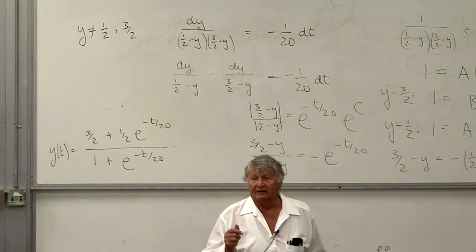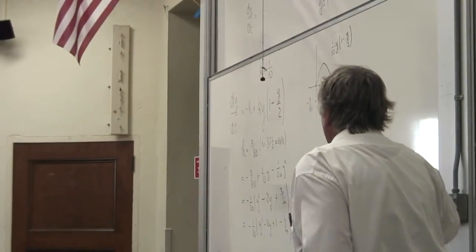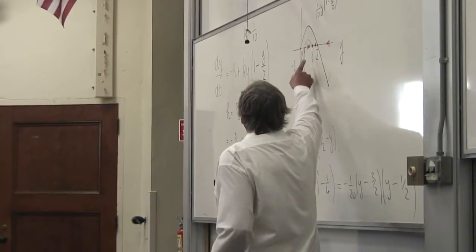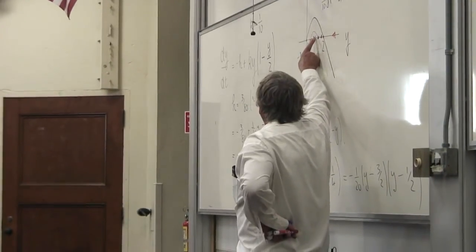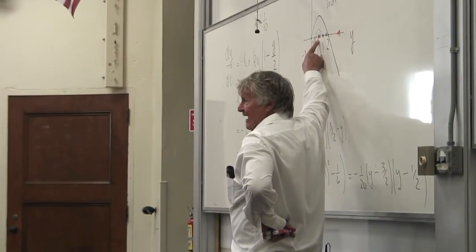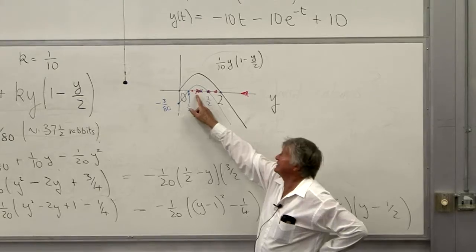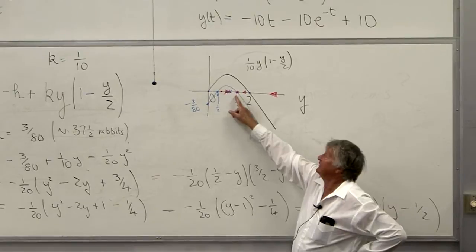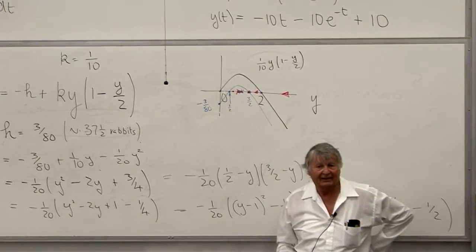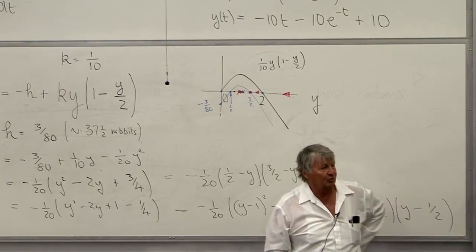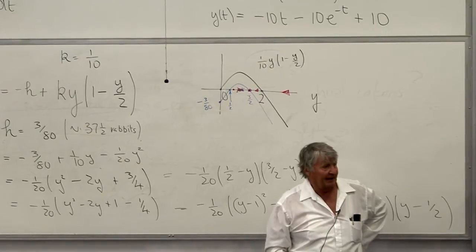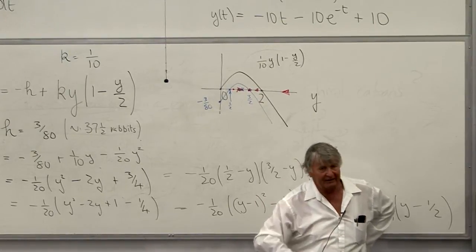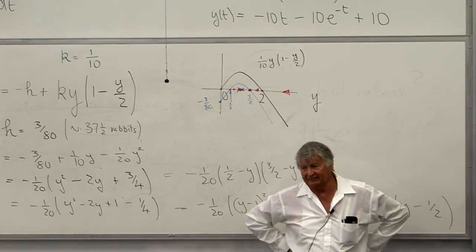Once you determine, if you start anywhere in here, you'll find the a is negative, and it'll stay negative for the whole life of the trajectory. If you started out here, you would find the a would be positive, and it would stay there all the while for the trajectory.